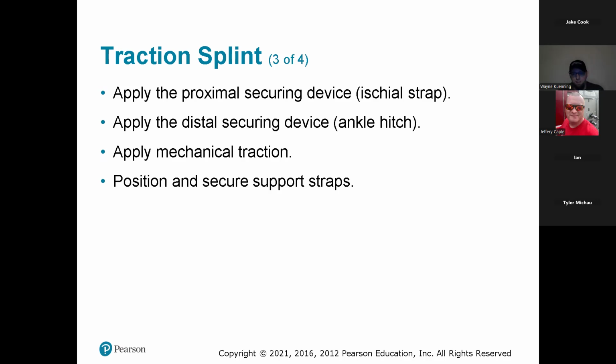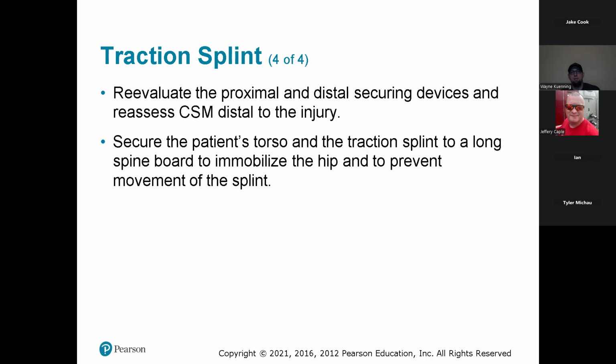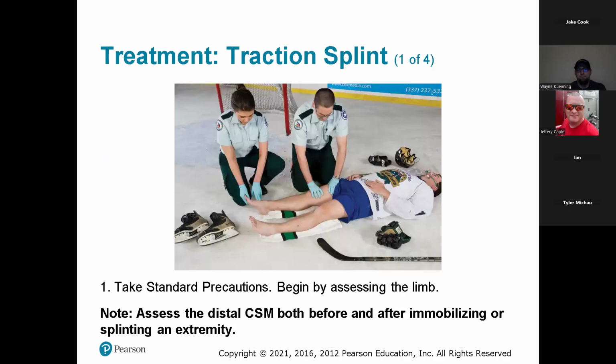Apply the distal securing device, the ankle. Apply manual traction, and position and secure the remainder of the straps. Reevaluate the CSM. Check all of the securing devices, make sure they're still tight, and then secure the patient's torso and traction splint to a long spine board to immobilize the hip to prevent movement of the splint.